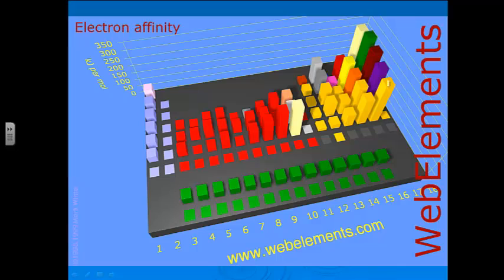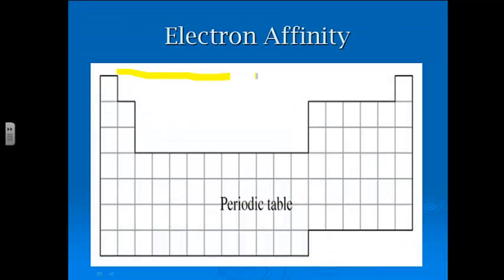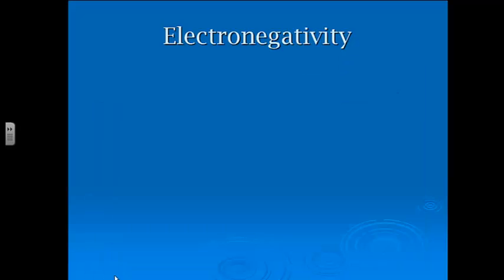This is just a schematic that shows the highest levels over here, and then the lowest levels on the left-hand side. Okay, so again, and you guys don't have to know any of the exceptions this year, but it is going to increase as you go across, decrease as you go down. Exact same as what you saw with ionization energy.